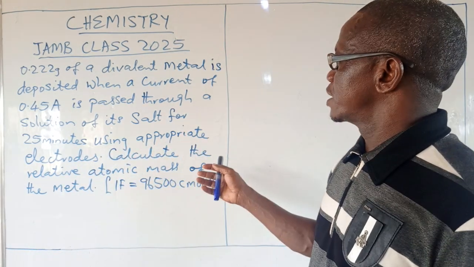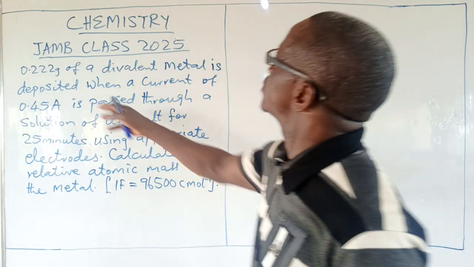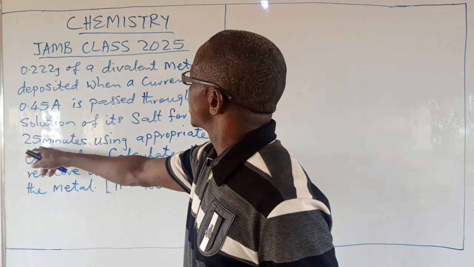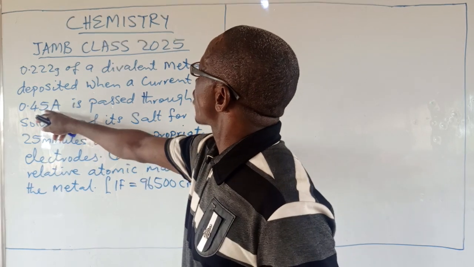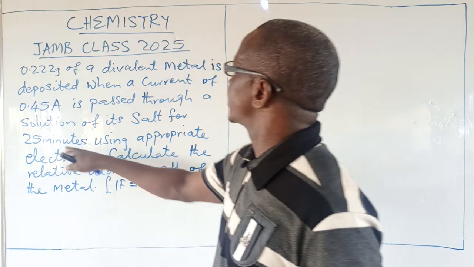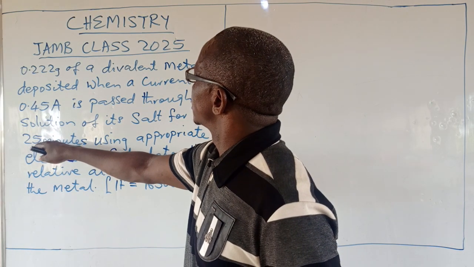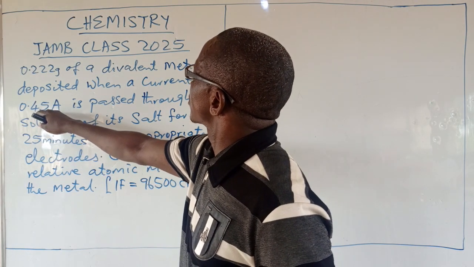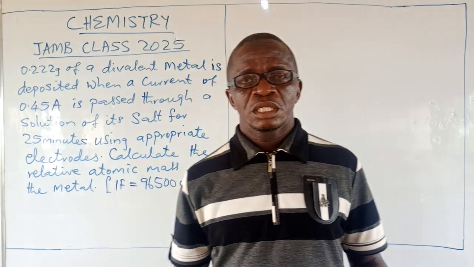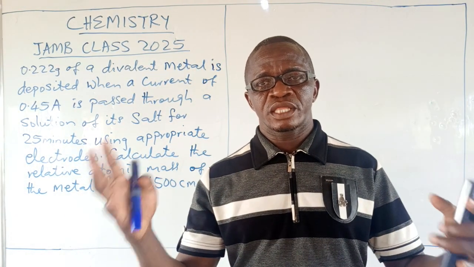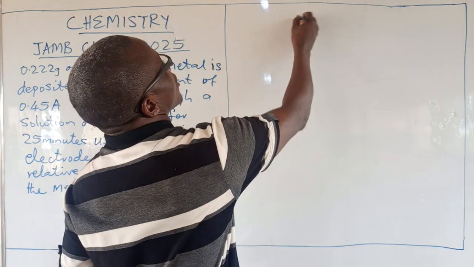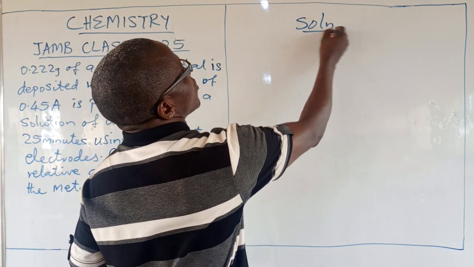So now, where do we start? You have been given the mass, the time, and the current. From what we have, we can start with the current and the time and the quantity. That is the relationship between the three parameters that leads to the solution of that problem.